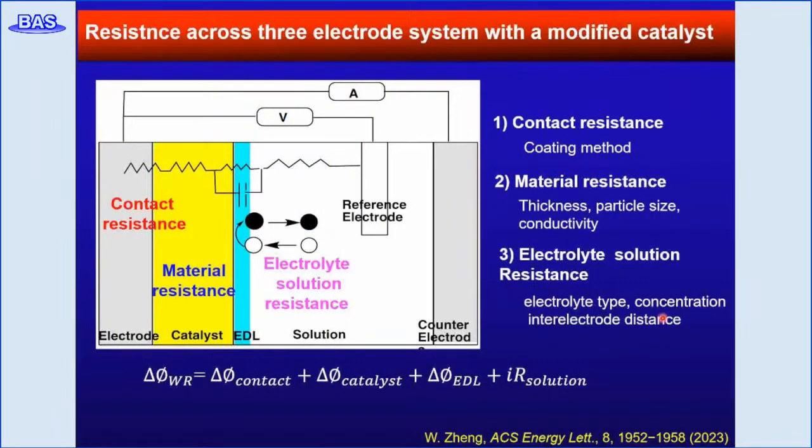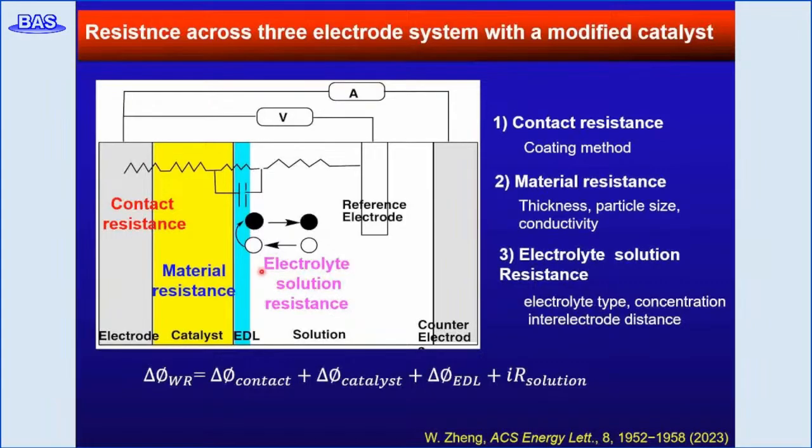Now I consider resistance between different phase contacts in a three-electrode system with surface-modified catalyst systems. The catalyst is modified on the working electrode, and when the catalyst comes in contact with the solution, a catalytic reaction with the substrate occurs.